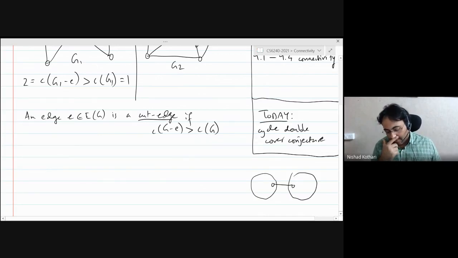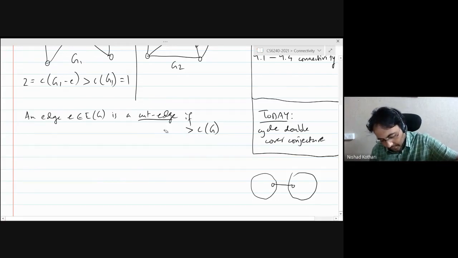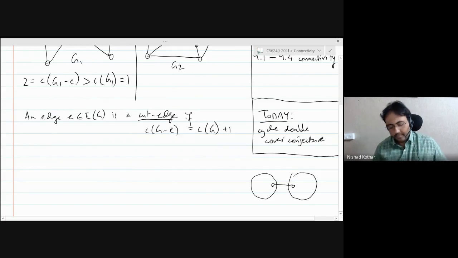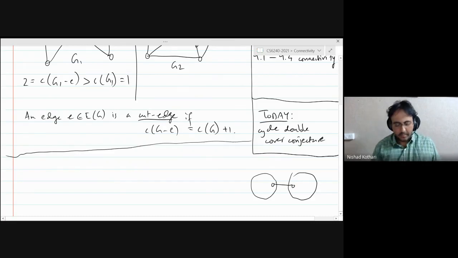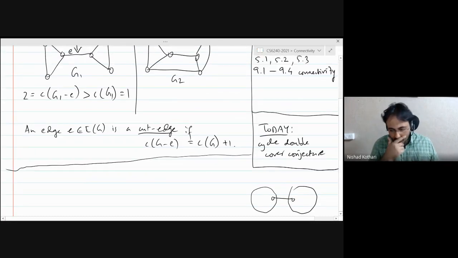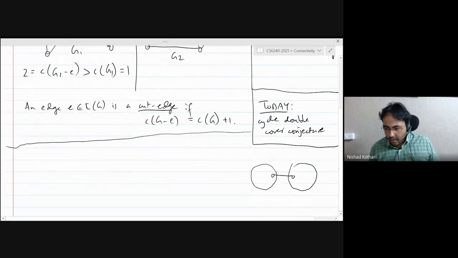In particular, if you have a connected graph and you remove a cut edge, you will get exactly 2 components. So that's an easy fact. In fact, instead of greater than, you can write that it is exactly equal to the original number of components plus 1.